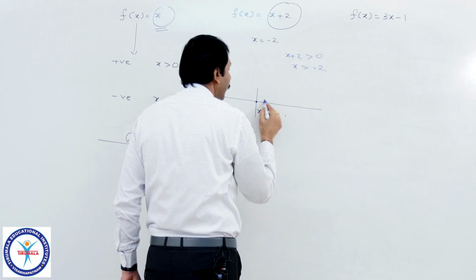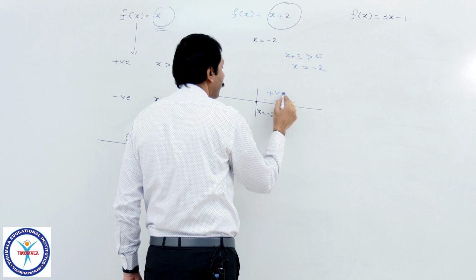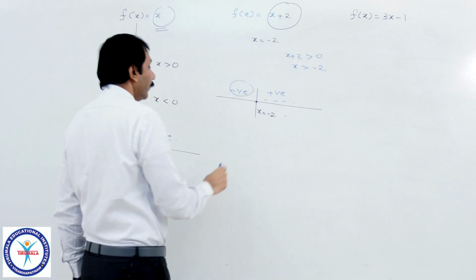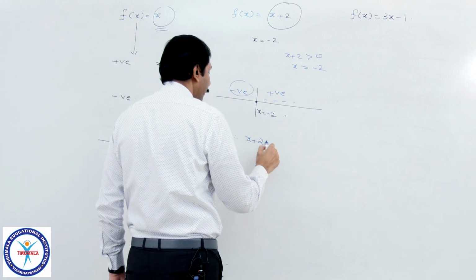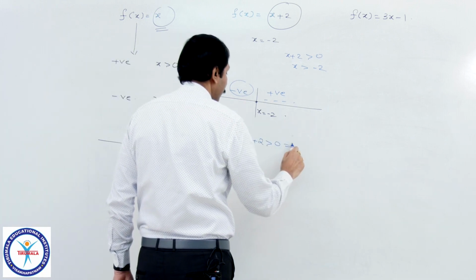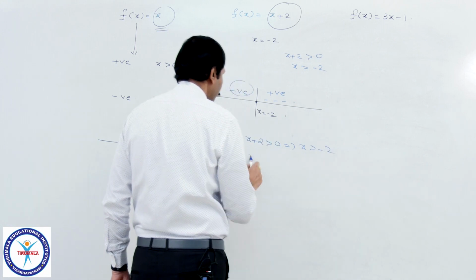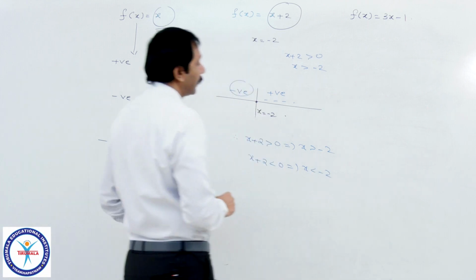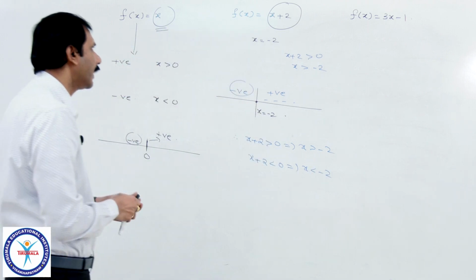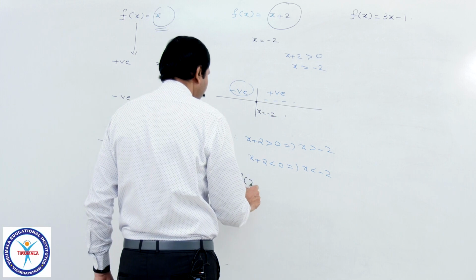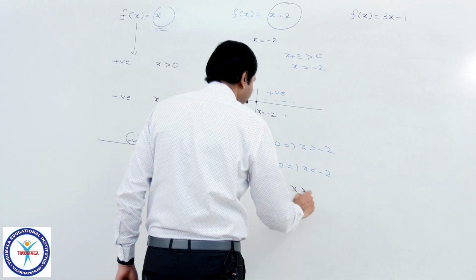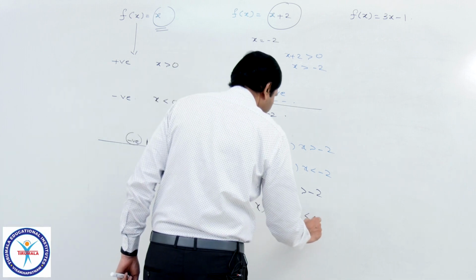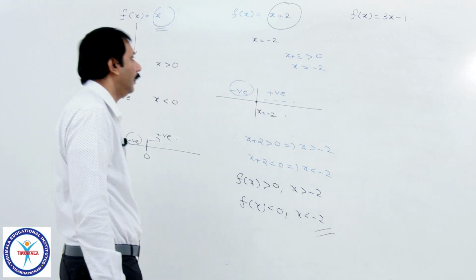These values will be positive, and these values will be negative. Therefore, x plus 2 positive means x greater than minus 2, and x plus 2 negative implies x less than minus 2. Or we can say f of x greater than 0 whenever x greater than minus 2, and f of x less than 0 whenever x less than minus 2.